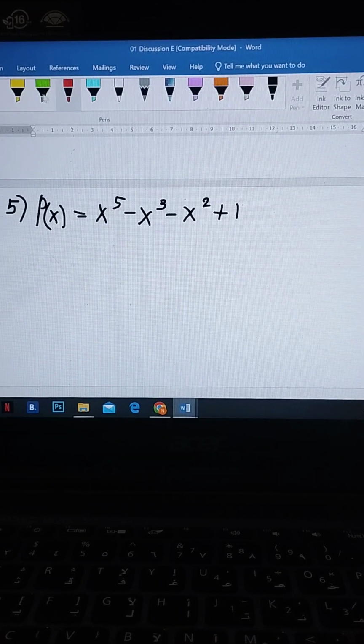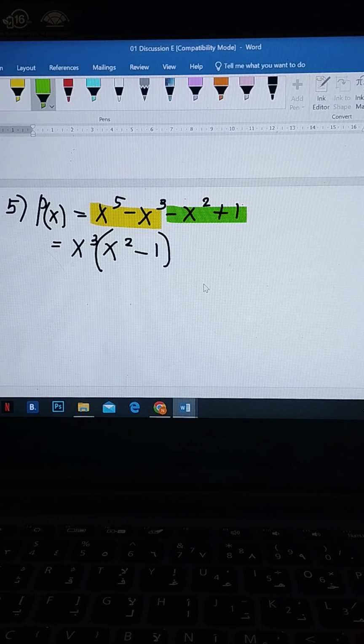Using grouping, we factor the GCF of the first two terms, which is x cubed. x raised to 5 becomes x squared, and this one is minus 1. Next, you factor out the negative 1 from the last two terms, giving minus 1 times x squared minus 1.